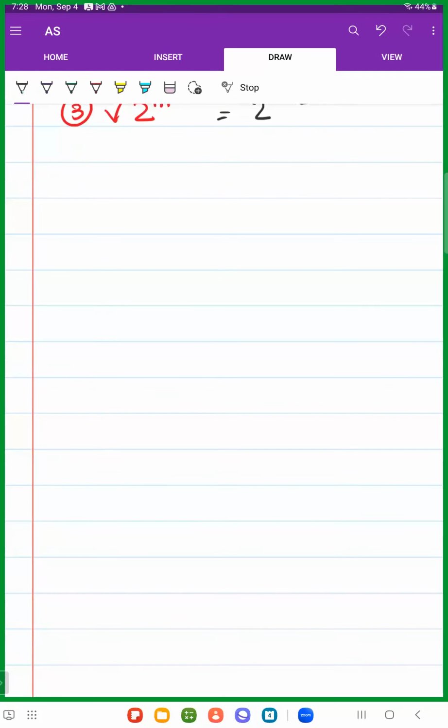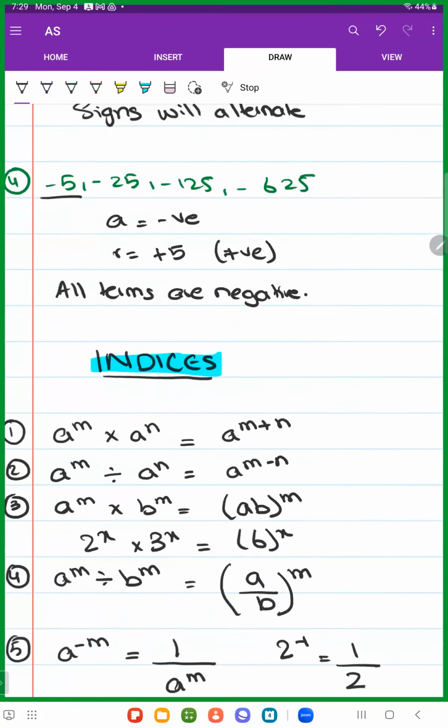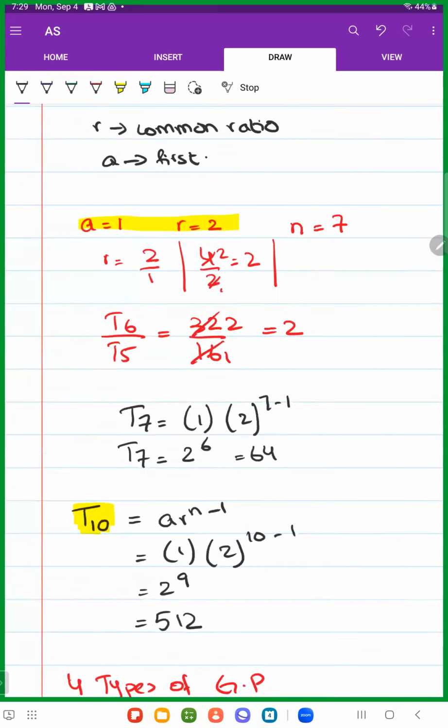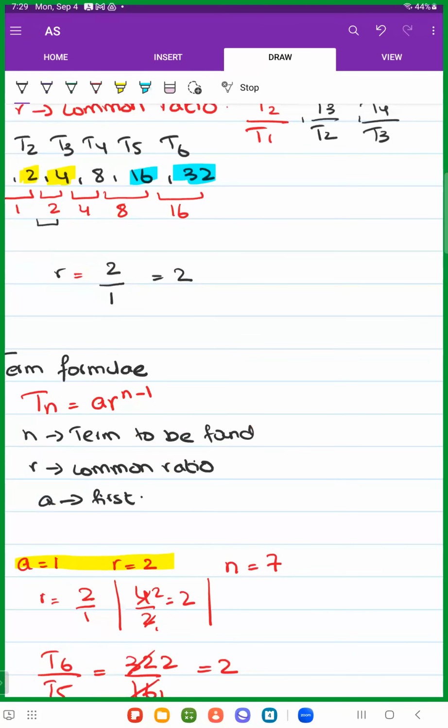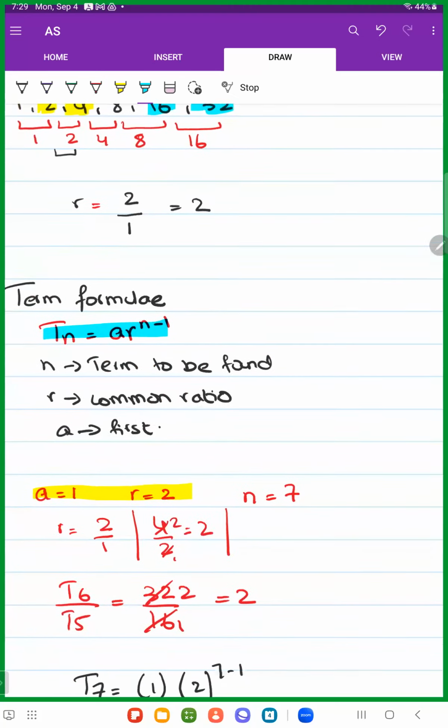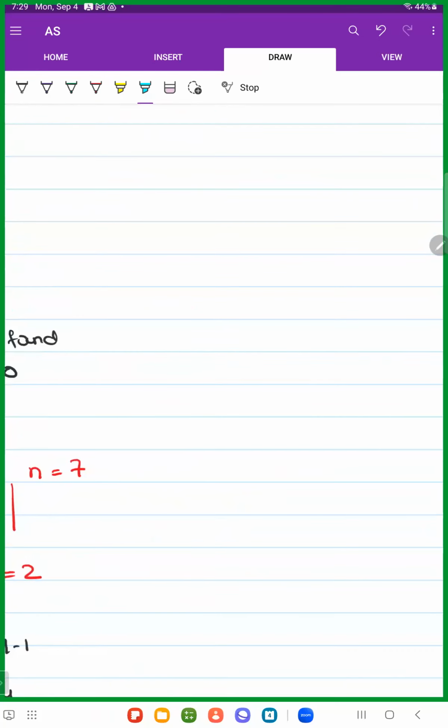Okay, let's look at the sum formula for the series. We looked at the term formula, which is A R to the power n minus 1. Okay, this was the term formula. Let's look at the sum formula now.